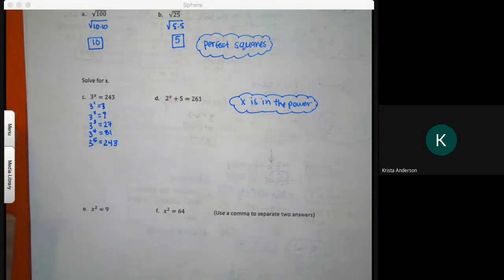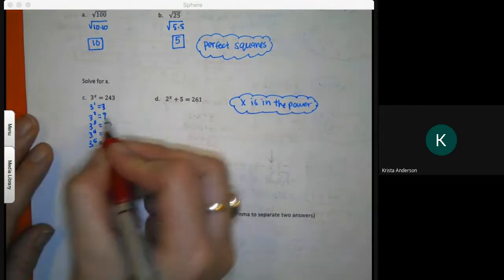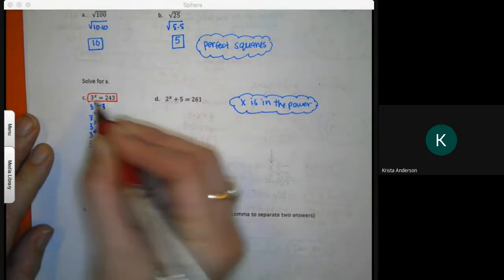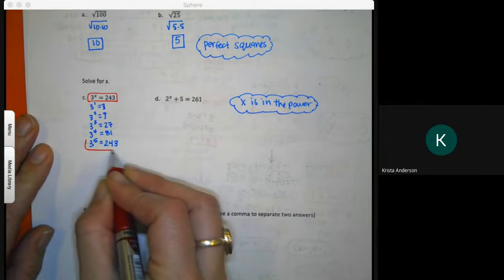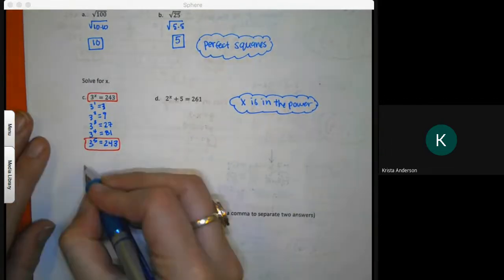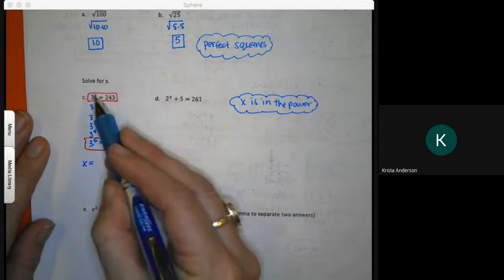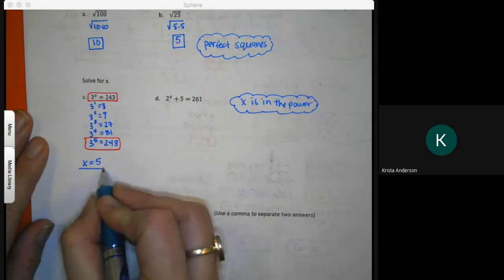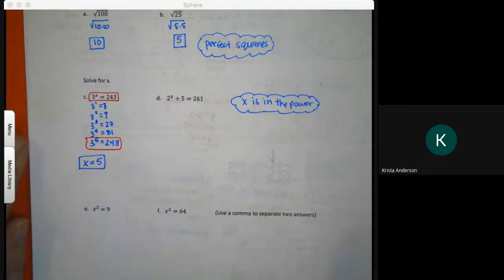So because my equation matches this problem, x will equal 5.